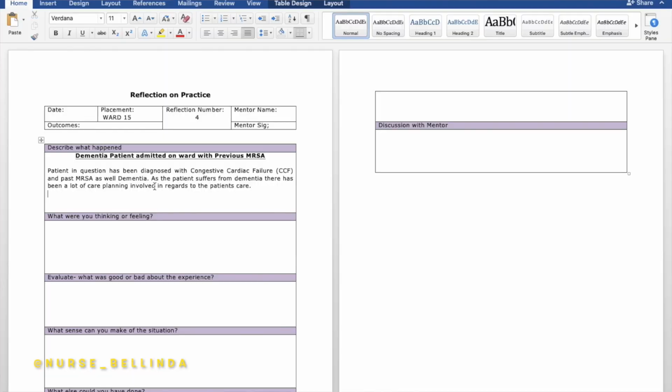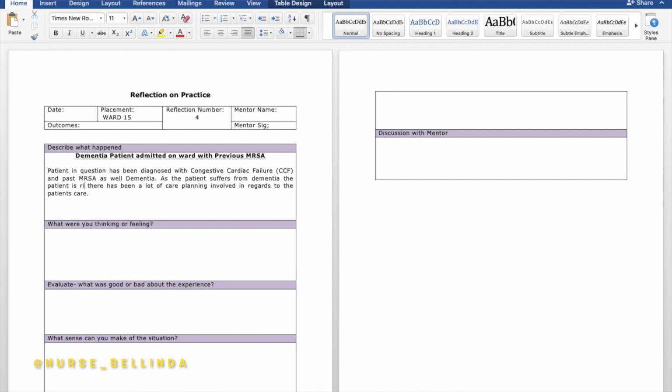As the patient suffers from dementia, the patient is at risk of falls, hence the patient has not been put in a side room, so we'll put that together, side room.